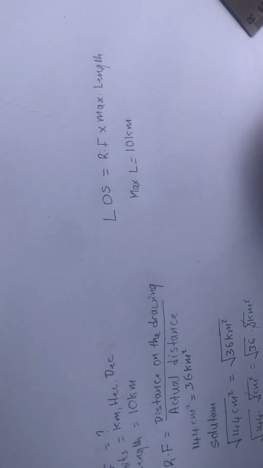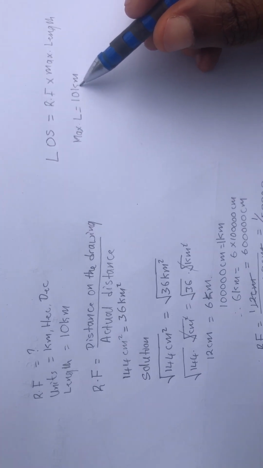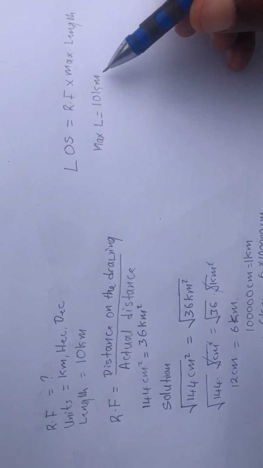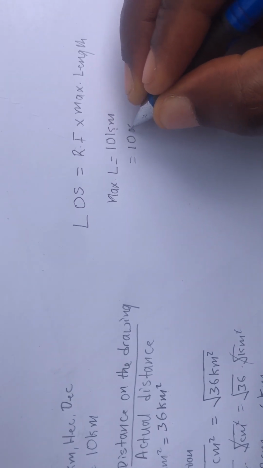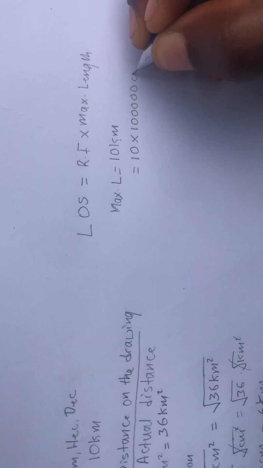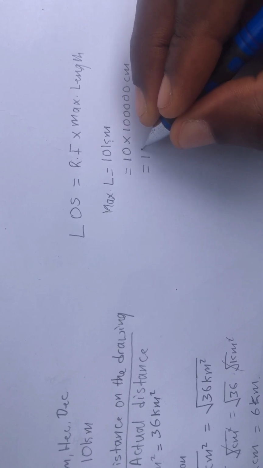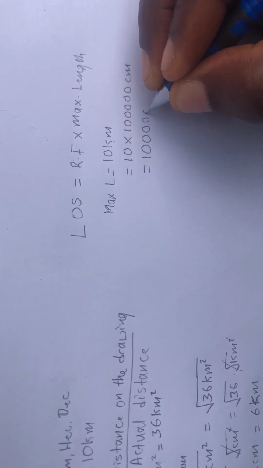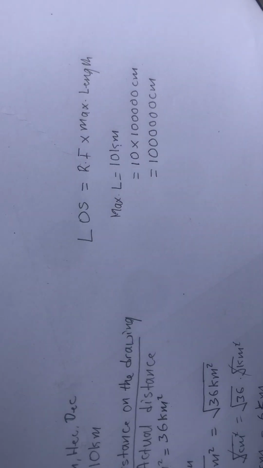So if you come here, we say 100,000 centimeters is equals to 1 kilometer. So we are going to convert this 10 kilometer to centimeter, which we are going to be having 10 times 100,000 centimeter, which is going to give us 1 million centimeter.